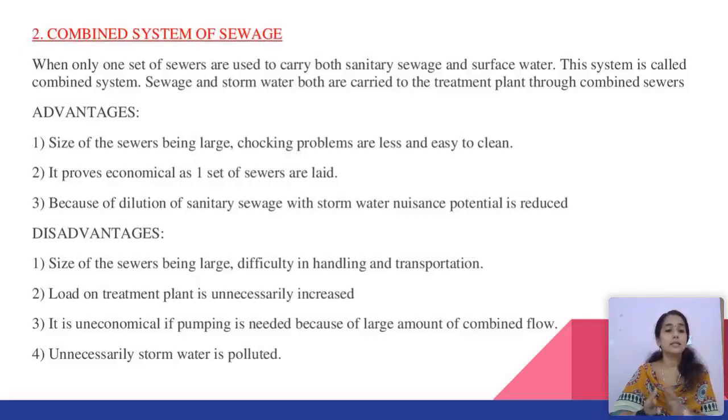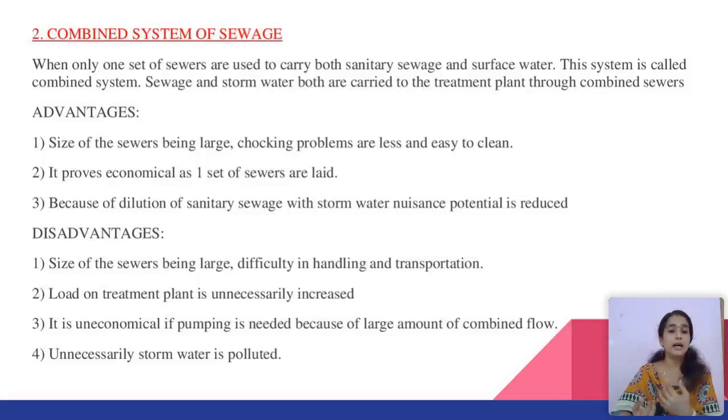And the disadvantages are: the size of the sewers being large, difficulty in handling and transportation of the system, and the load on the treatment plant is unnecessarily increased because a large quantity of stormwater enters the treatment plant. So we have to increase the capacity of the treatment plant.